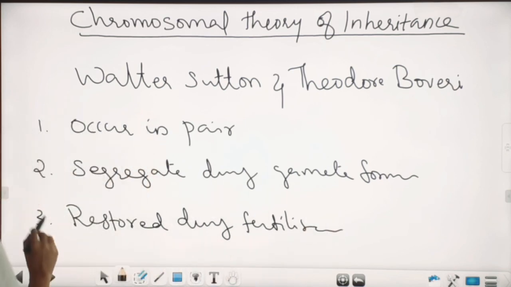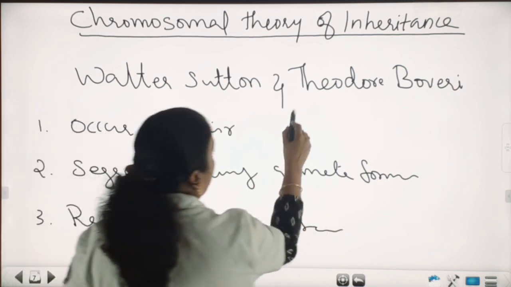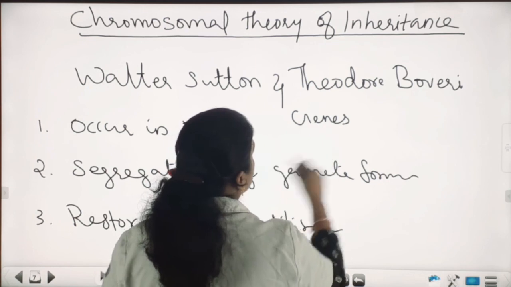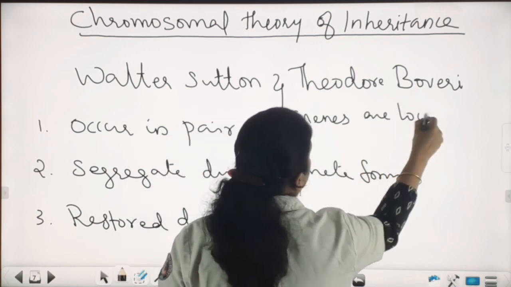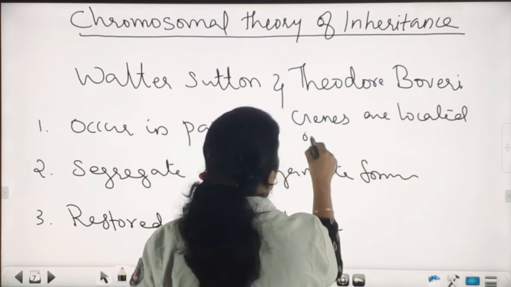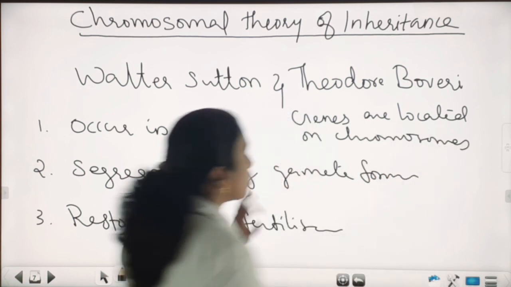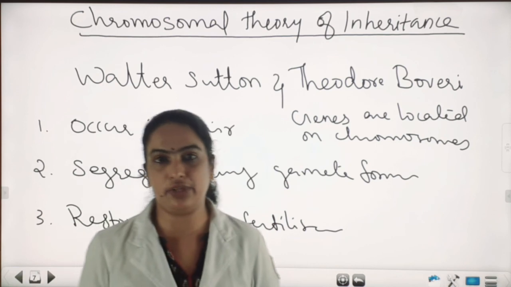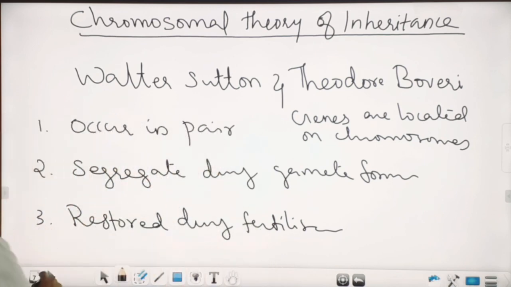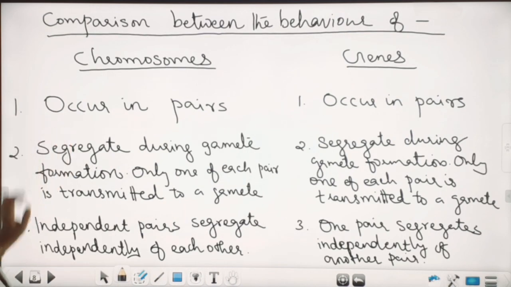Actually, these genes are located on chromosomes, and they show parallelism in behavior. Let's see the points. So there is a comparison between the behavior of chromosomes and genes. The first point: chromosomes occur in pairs, and genes also occur in pairs.